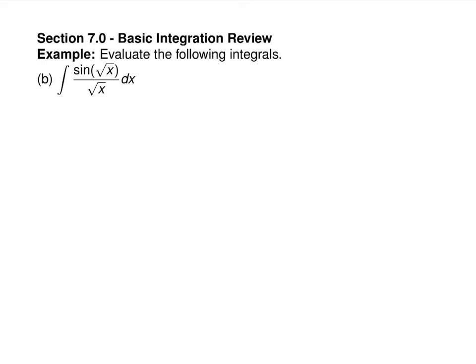With substitution, often the hardest part is picking what to substitute for. In this case, let u equal the root x inside the sine. Then du is 1/2 x to the negative 1/2 dx, or 2 du equals 1 over root x dx. So you can replace the 1 over root x dx by 2 du.